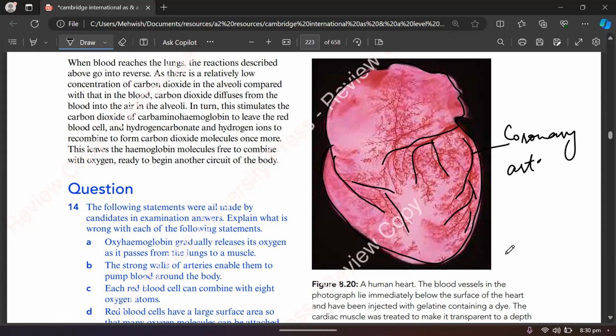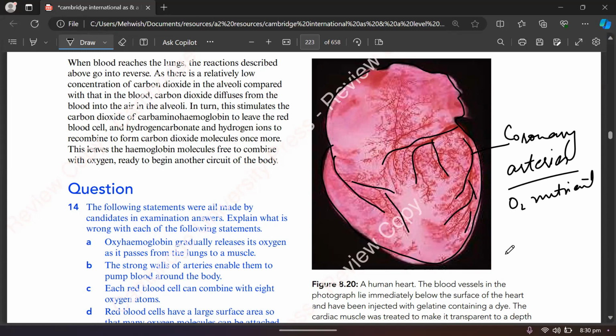So coronary arteries are the blood vessels that supply oxygenated, or you can say nutrient containing, blood to the muscles of the heart, because they have to contract and relax, and for that they need energy. Energy is provided by the aerobic respiration taking place in the muscle fibers, or you can say the cardiac muscles.